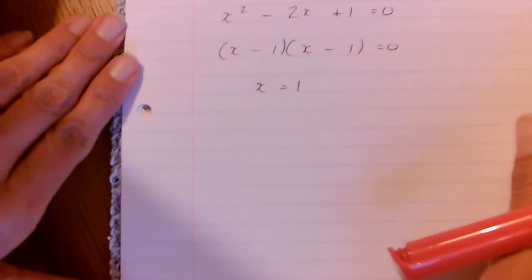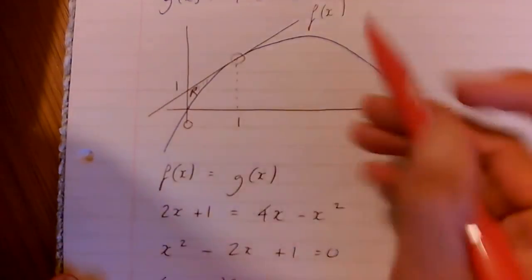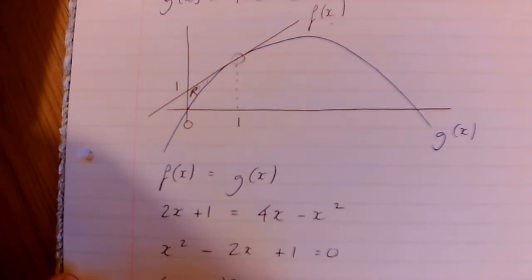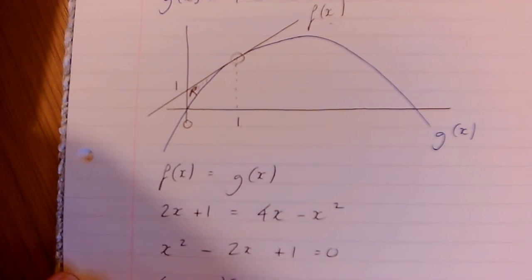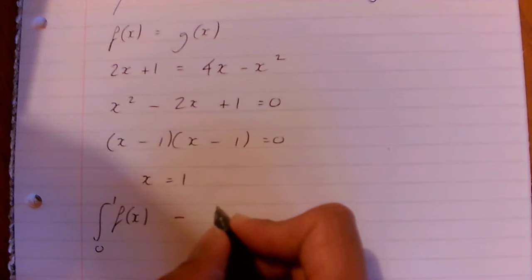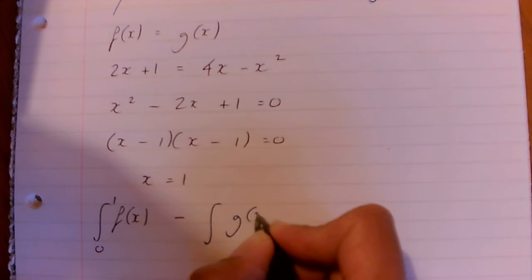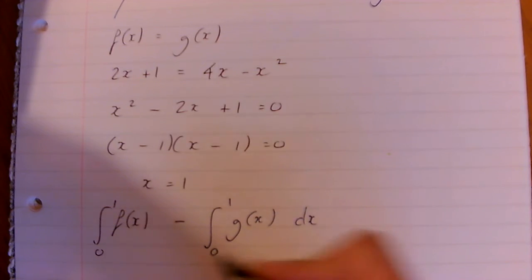So we are looking at integrating, as I said earlier, f of x between 1 and 0, and then we are going to subtract the g of x integrated, and again between the same two values.